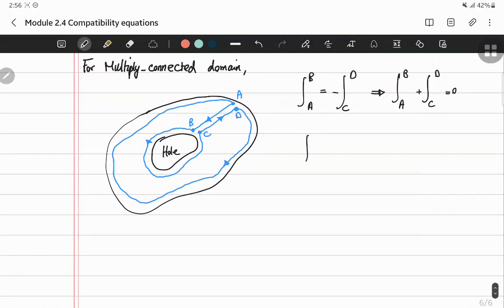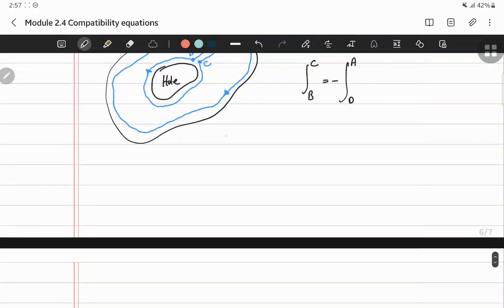And also here, the integral from B to C is equal to the minus, if you see here, we have counterclockwise, here is clockwise, the integral from D to A. Therefore, for a multiply connected domain, two integrals should be 0.